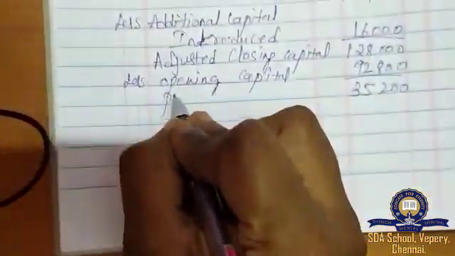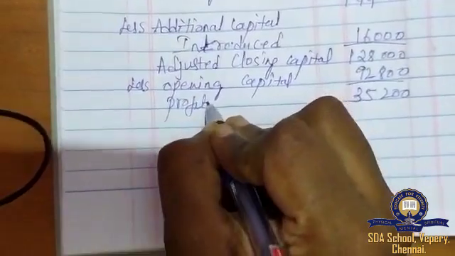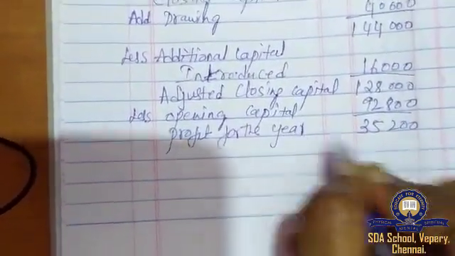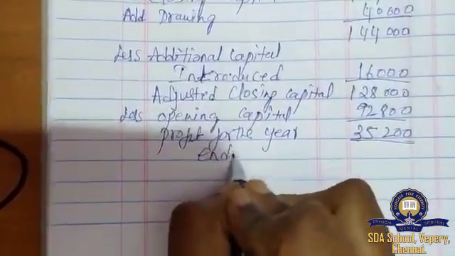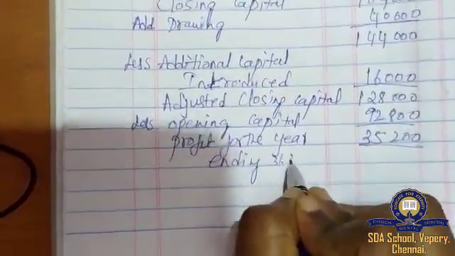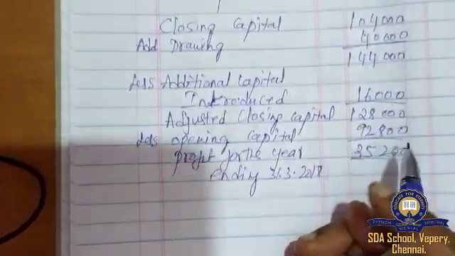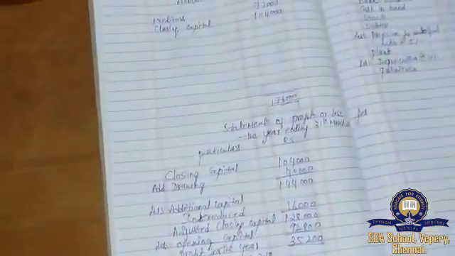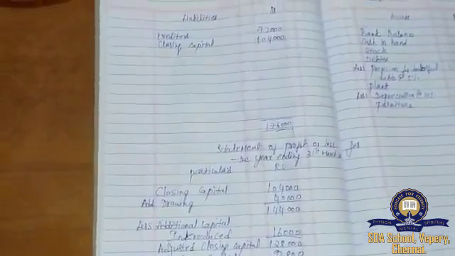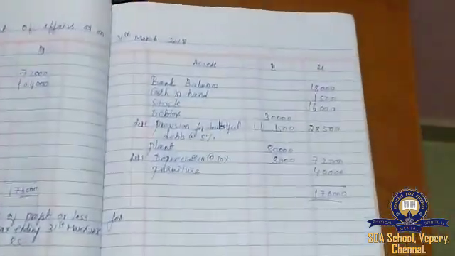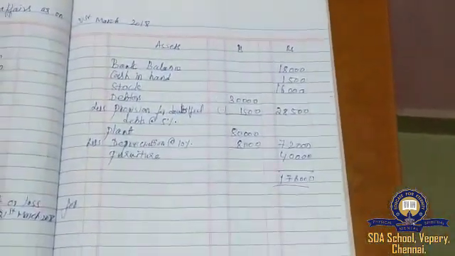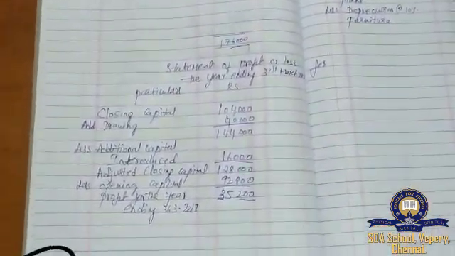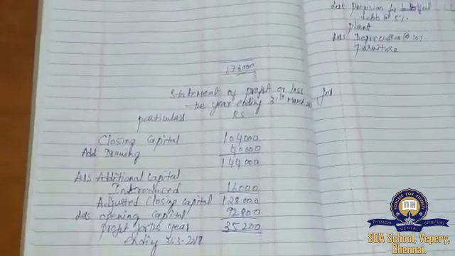So that is the profit for the year ending 31/3/2018. So this is what we are going to create, the opening capital and closing capital. In closing capital they have given the additional information, you have to minus it. After that we are going to create the statement of profit or loss.